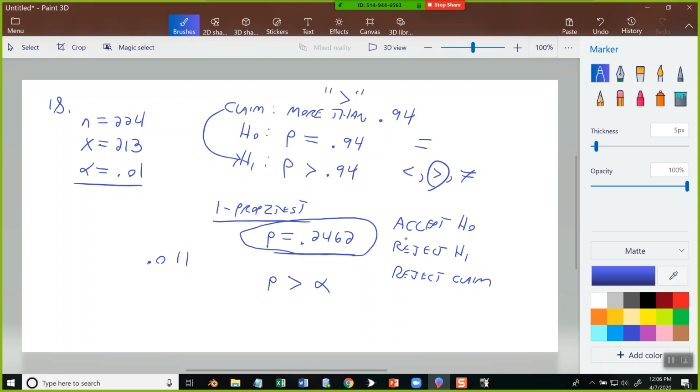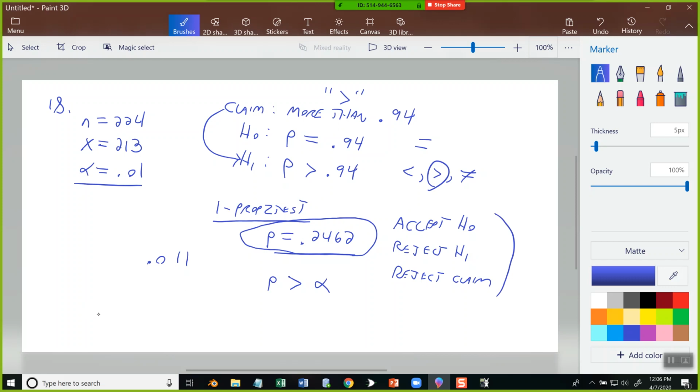I would still say the same conclusion because this is greater than, but in reality, it's probably meaningless. One data result one way or the other could have flipped it. Since this is pretty extreme, it's pretty far away from alpha, then we're pretty sure of our results. So that's what the p-value gives you, and that's what people like.